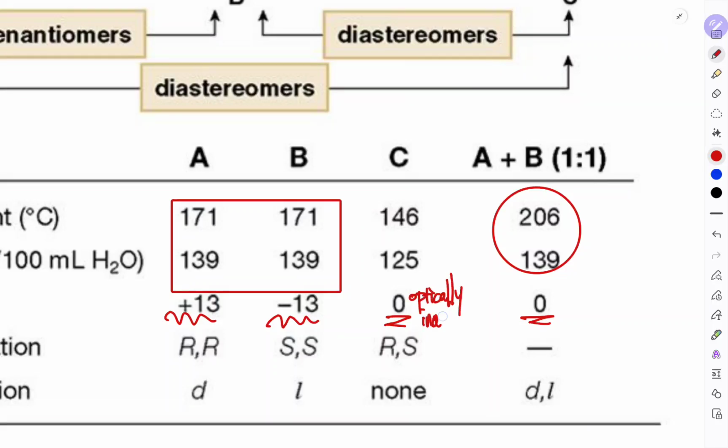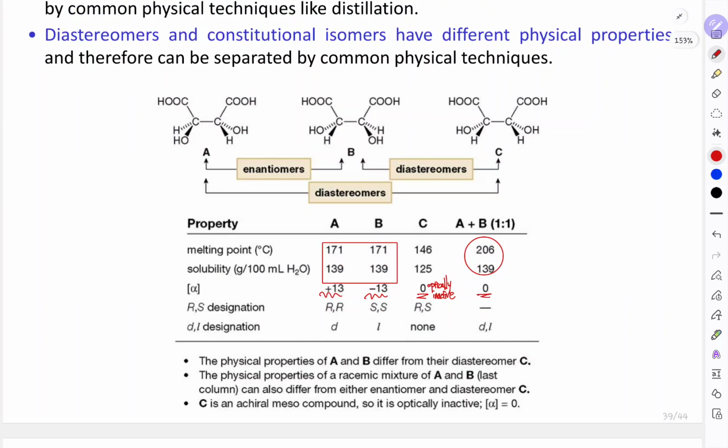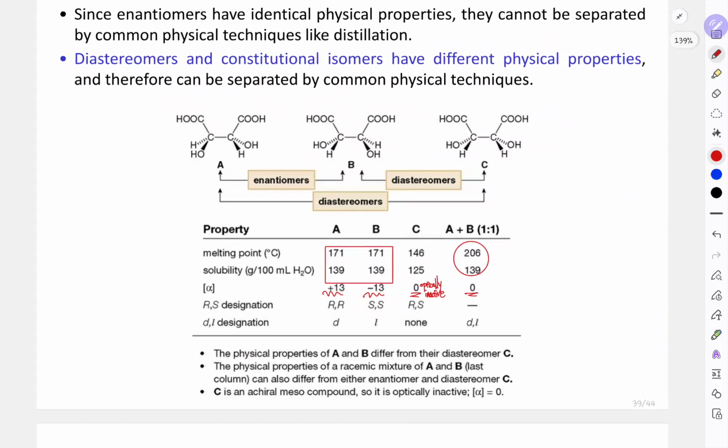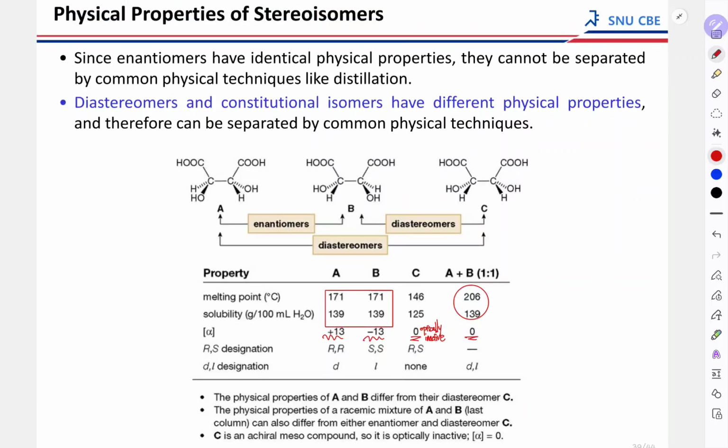You can compare R, S, and D designations as well. The physical properties of A and B differ from their diastereomer C. The properties of the racemate of A and B can also differ from either enantiomer and diastereomer. C is an achiral meso compound, that's why it won't give you any specific rotation.